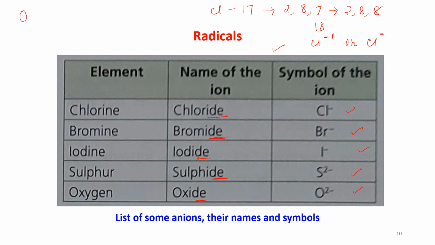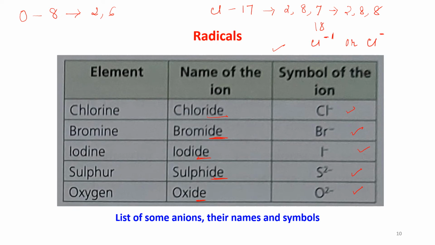Oxygen is having 8 electrons as its atomic number. If we break it, it is giving 2 and 6. Now to complete its octet, oxygen is gaining 2 electrons rather than giving 6 electrons. As it is gaining 2 electrons, it will reach its nearest inert gas configuration, that is neon inert gas configuration.